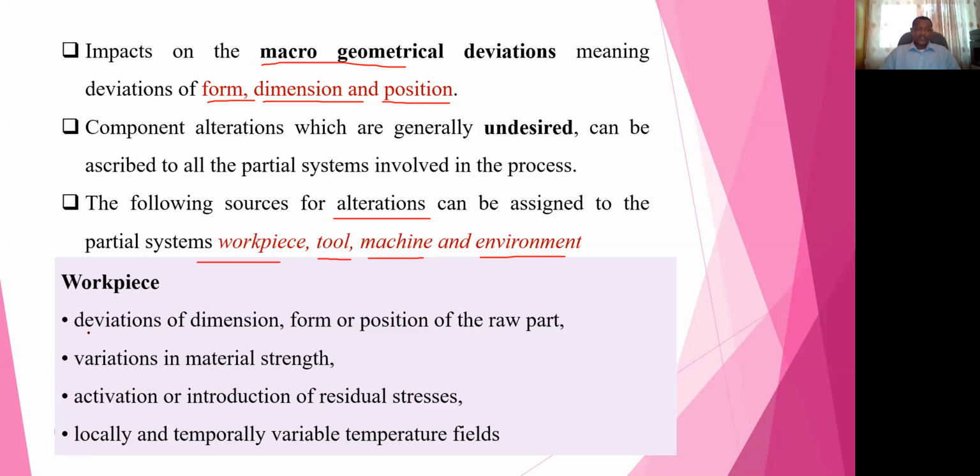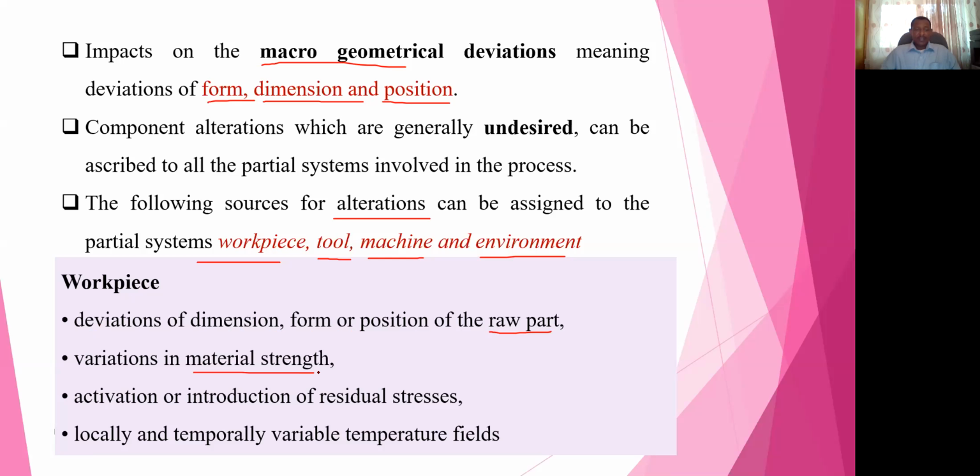The workpiece: the deviation of the dimension, the form, or the position of the raw part. Okay, the accuracy level of hard machining depends upon the quality of the raw part of the workpiece material.